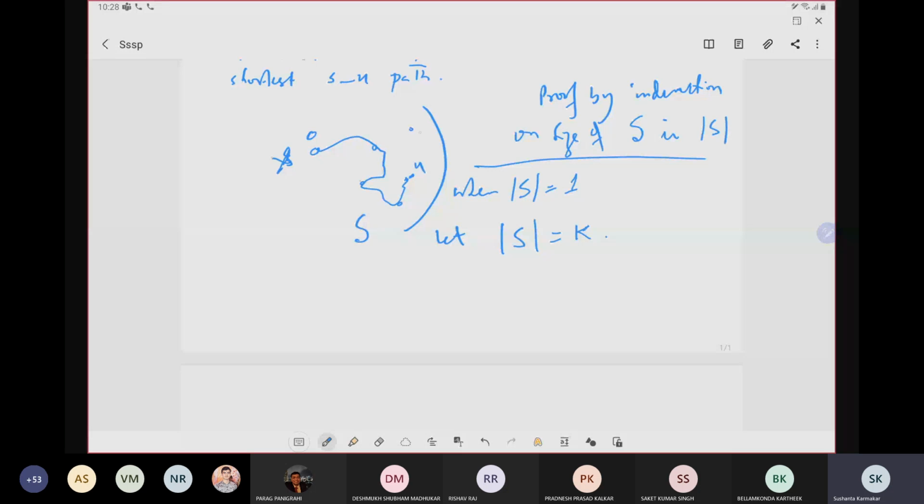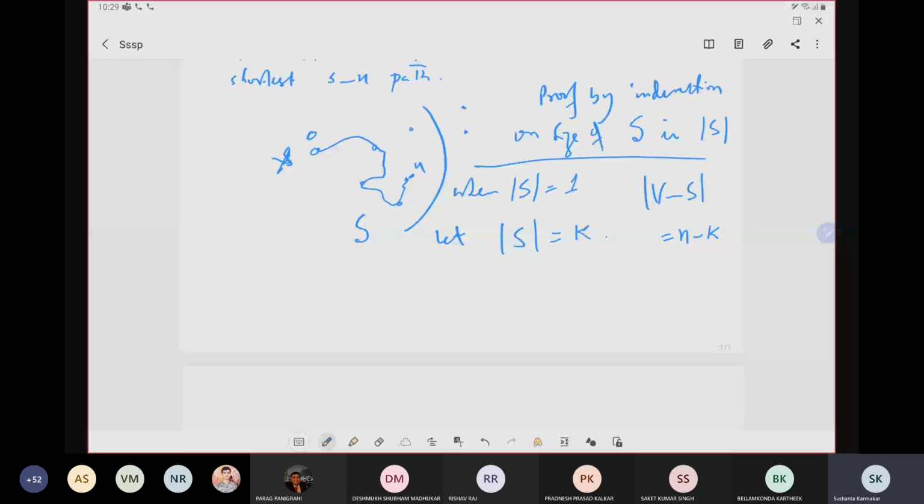In this region there are k nodes, and in this region, V minus S, there are n minus k nodes, because we assume that the vertex set has n nodes and S already has k. And I assume that all these distances, take any two nodes, the distance is shortest. Now what I do is we grow this S to k plus 1.